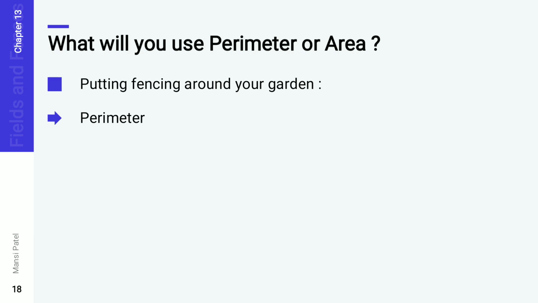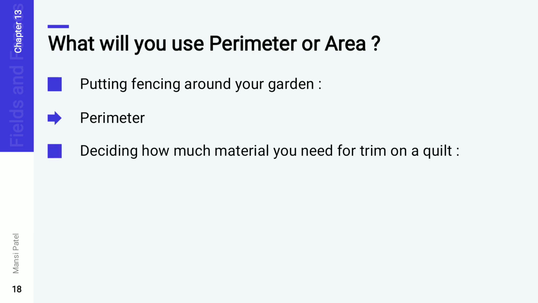Now see the second situation: deciding how much material you need for trim on a quilt. If you want to trim your quilt, how much material is needed? This time also they are talking about the outside of the quilt. So in this also you have to find the perimeter.